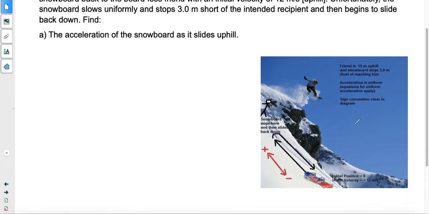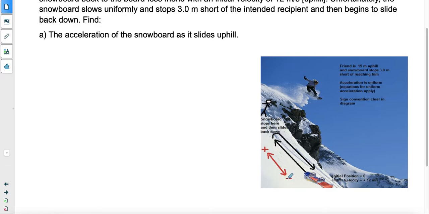Okay, and here's a picture of what's going on. So the friend is sliding the snowboard up to his other friend here. And to help us out here, we're going to define a positive and negative direction.